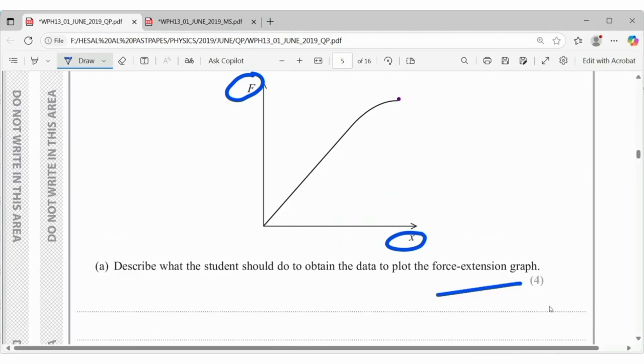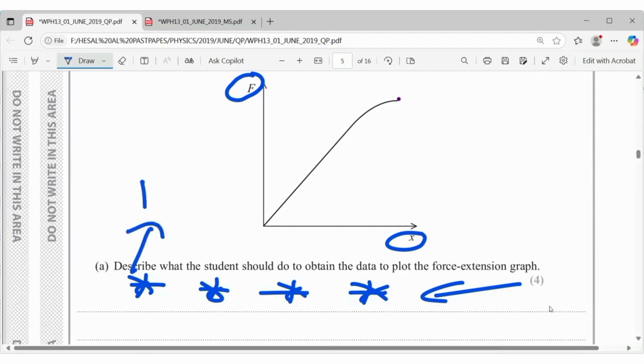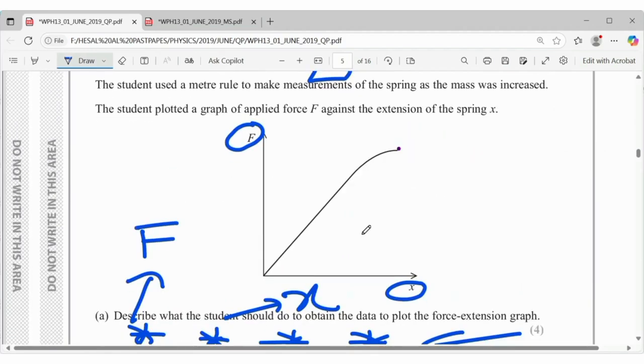This is a 4 marks question. We have to find 4 main points and you can build up your answer. What are the 4 points? First point, how do you find F? Second, how do you find x? Here we are dealing with mass.